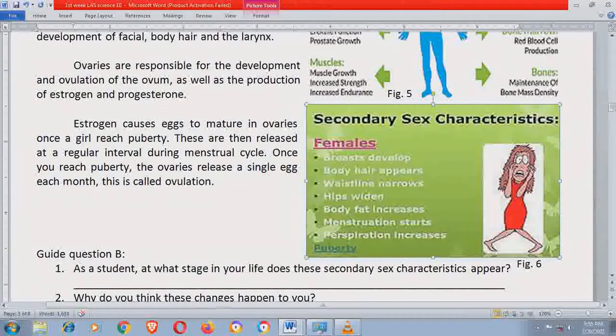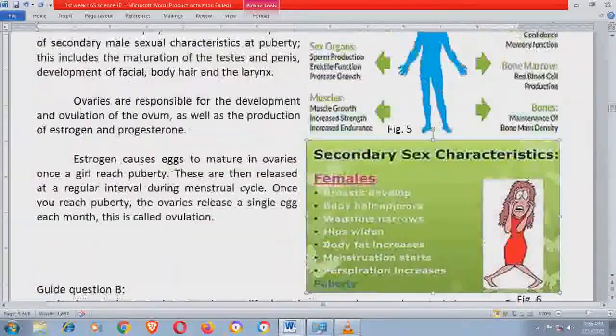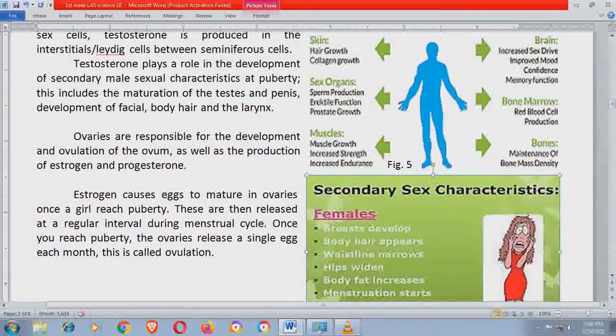So, ano naman ang secondary sex characteristics ng mga babae? Ayan, ito yan. Siyempre, may makikita kang breast development, lumalaking dibdib, body hair appears, waistline narrows, hips widen, body fat increases, menstruation starts, perspiration increases. So, syempre, lumalabas lang ito during the stage of puberty.